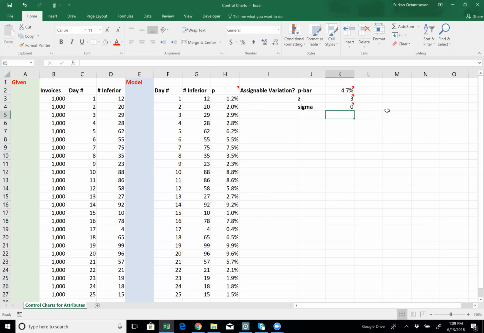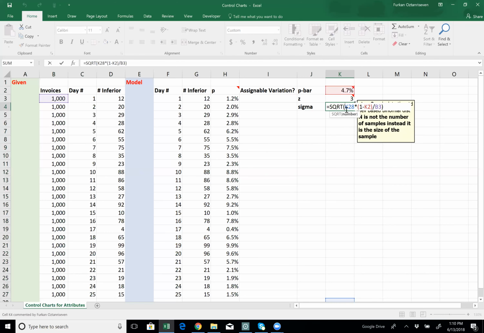All right. So that would give me my sigma value. Let me just double check whether my formula is correct. So I take square root of probability of success times probability of failure divided by sample size. Okay, that looks good to me. Let's see whether we can see the value. The problem here, let me just double check. So, okay, K28.